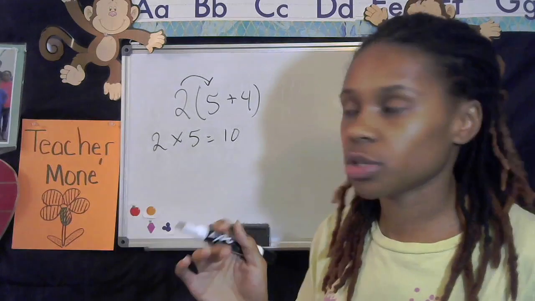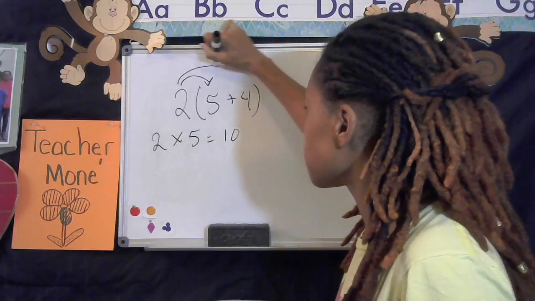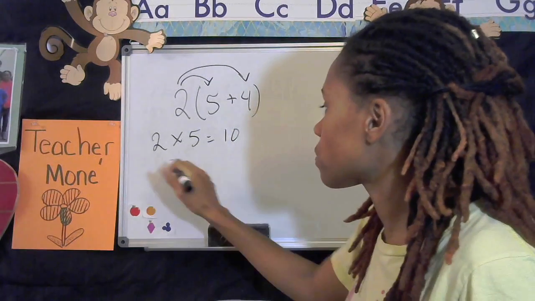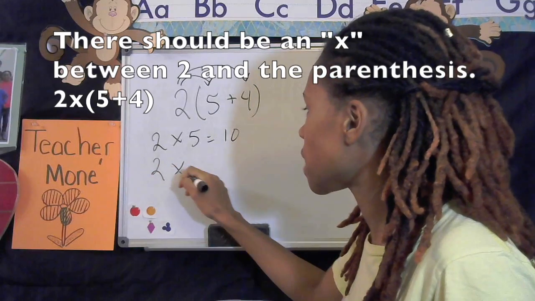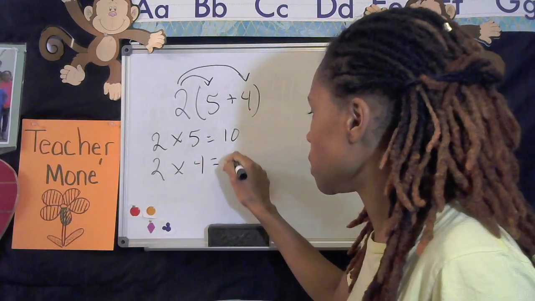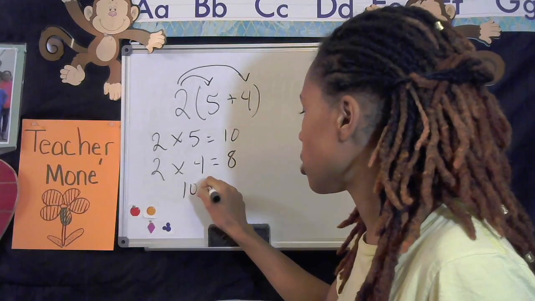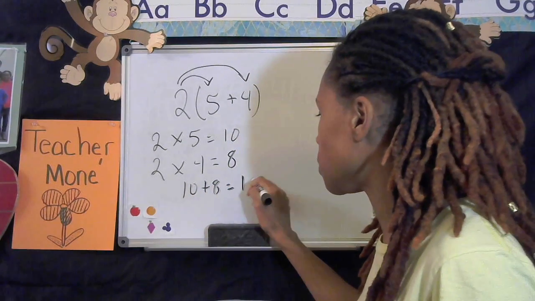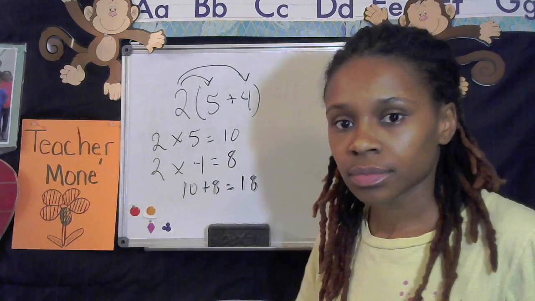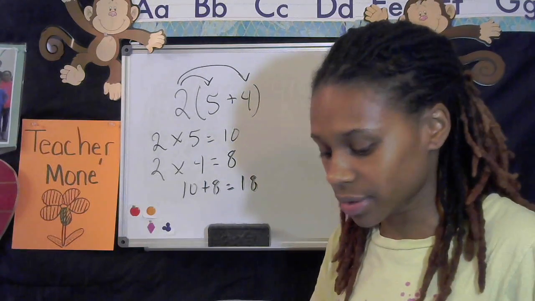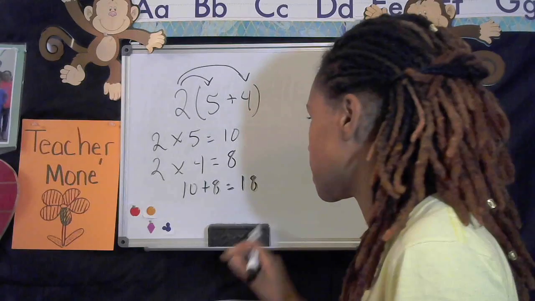And then I'm going to distribute that 2 again to the second number. 2 times 4 equals 8. 10 plus 8 equals 18. Okay? So that's pretty much all it is.